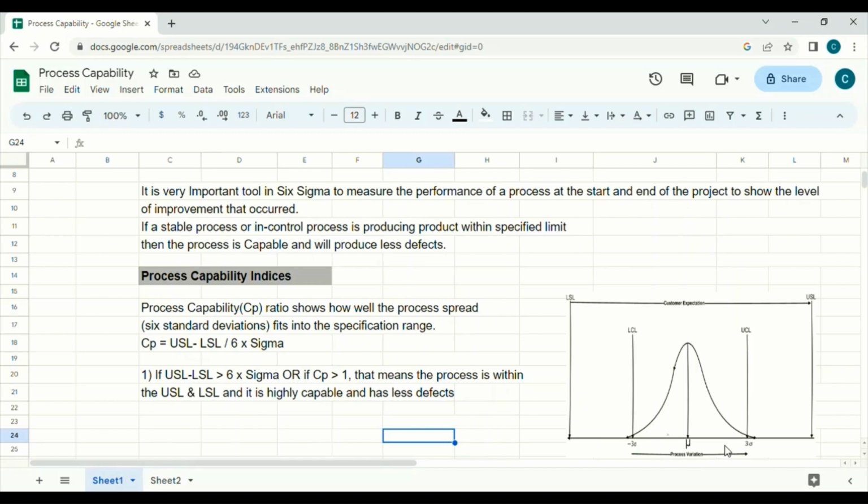So if the specification limit is greater than the process spread, then we can say that the process is within the specification limit and it is capable, and this will produce fewer defects.